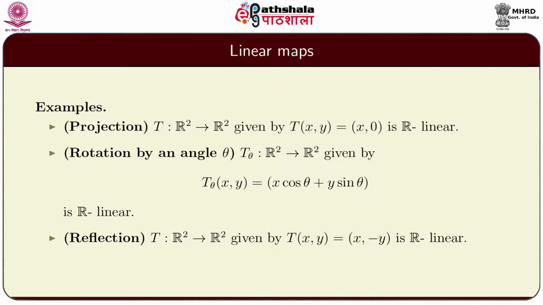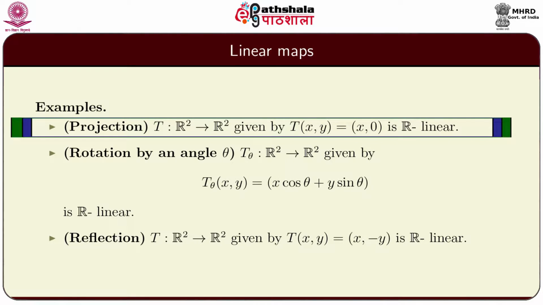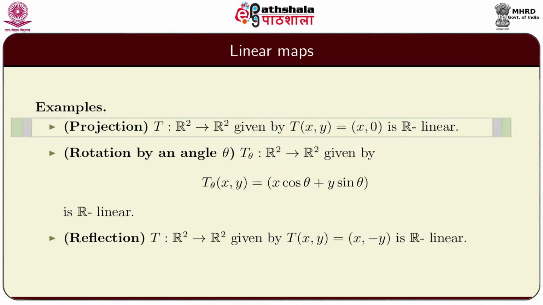Let us talk about some examples. The first one is what is called the projection operator from R2 to R2, given by T(x, y) = (x, 0). It is easy to verify that T is R-linear, and this is in fact the projection onto the x axis.